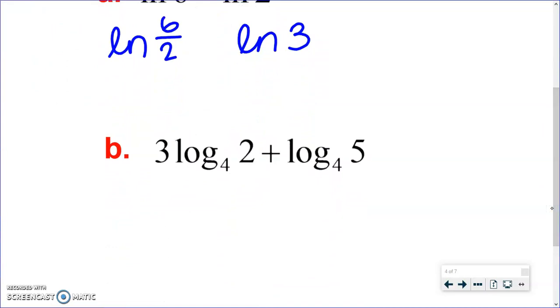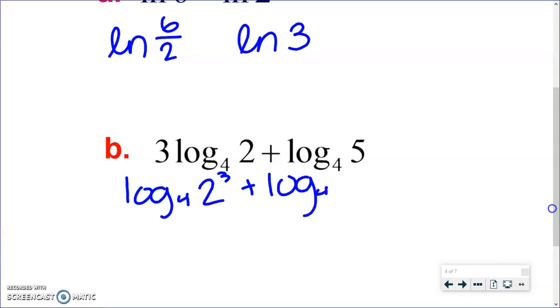Here we have 3 log base 4 of 2 plus log base 4 of 5. We can rewrite this. It's going to take us 2 steps. First, we want to move that multiplier out in front to be the exponent. So log base 4 of 2 to the third power plus log base 4 of 5. We know 2 to the third is 8.